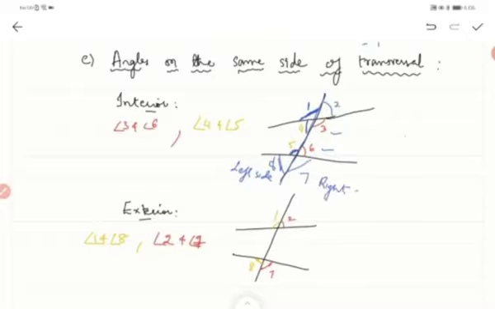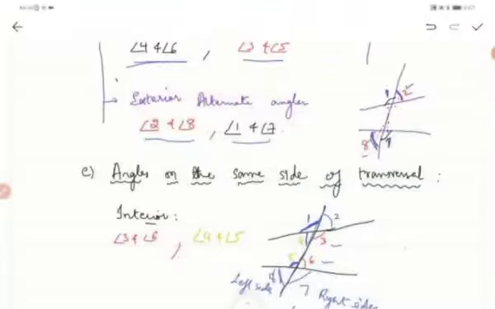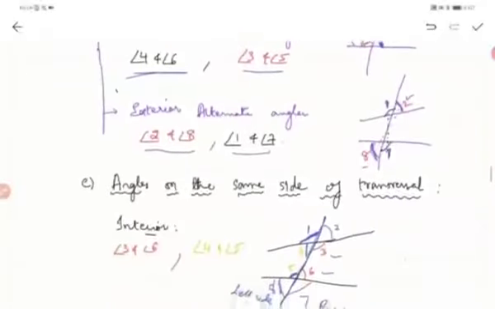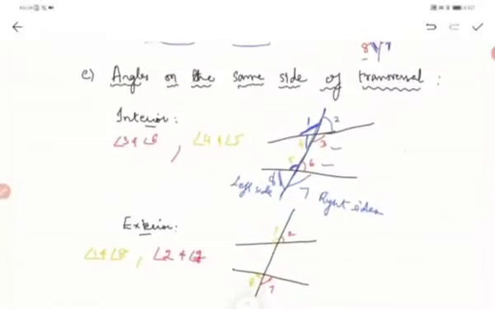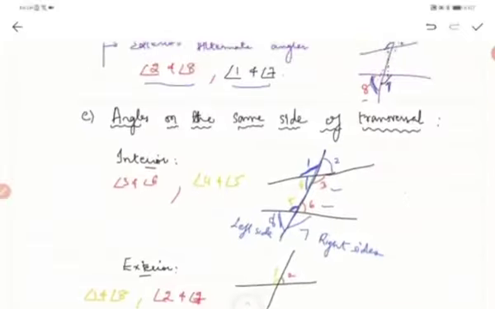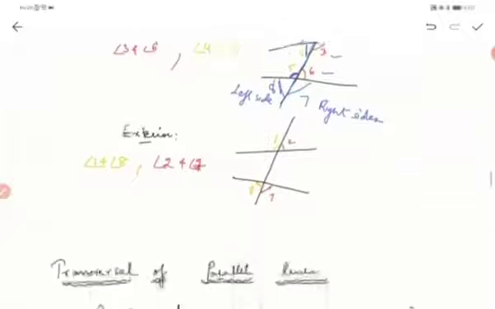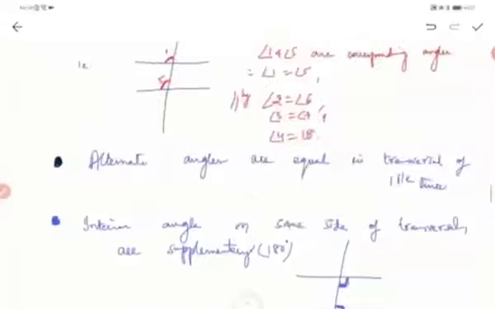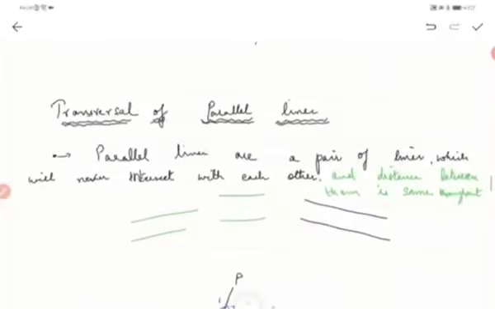So these are the different angles and the relations between them. These are the 5 varieties of angles formed when a transversal line intersects two lines at two different points. All right, so the last topic left is the transversal of parallel lines.